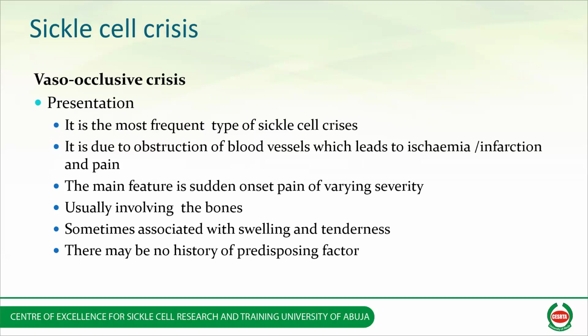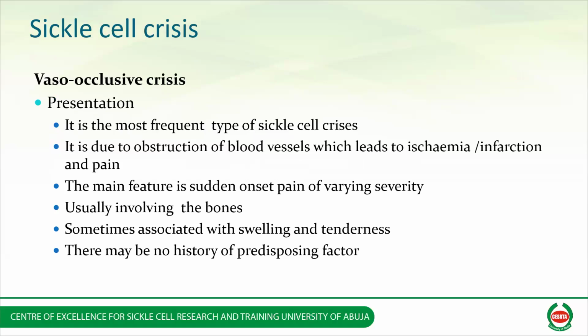So we are going to take the entities, starting with vaso-occlusive crisis. This is the most common or frequent type of sickle cell crisis, and it is due to obstruction of blood vessels, which leads to ischemia, infarction, and pain.